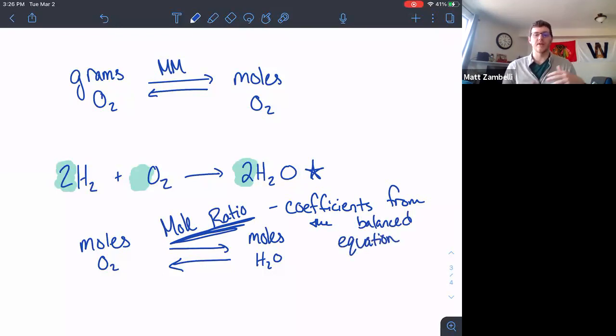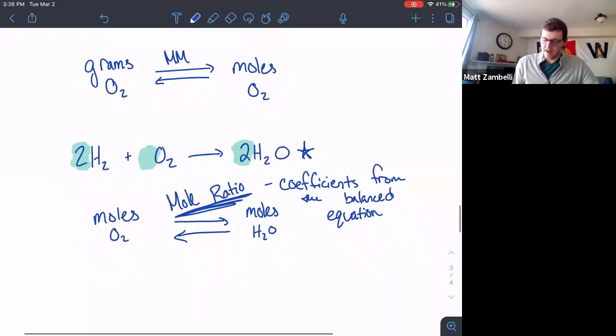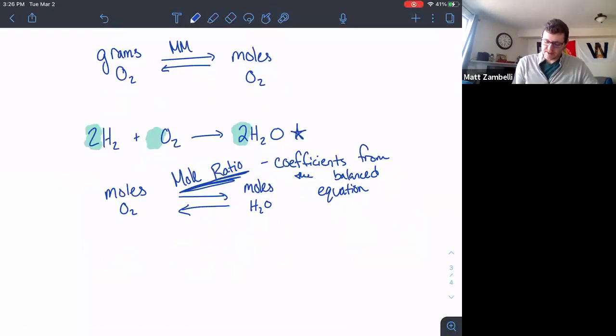So our mole ratio is our coefficients from our balanced equation, and it's how we get from moles of one compound or element to moles of another. We use our molar mass to go from grams of a compound or element to moles of that same compound or element.